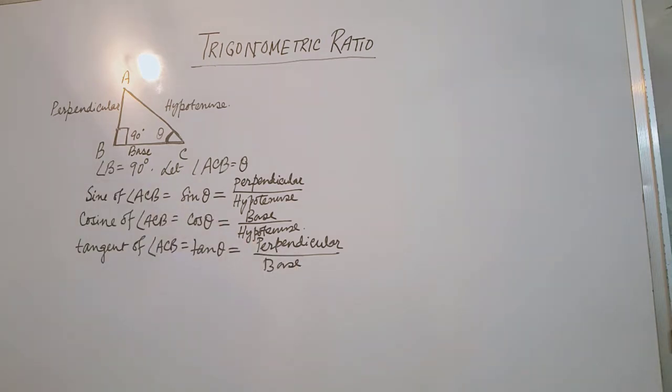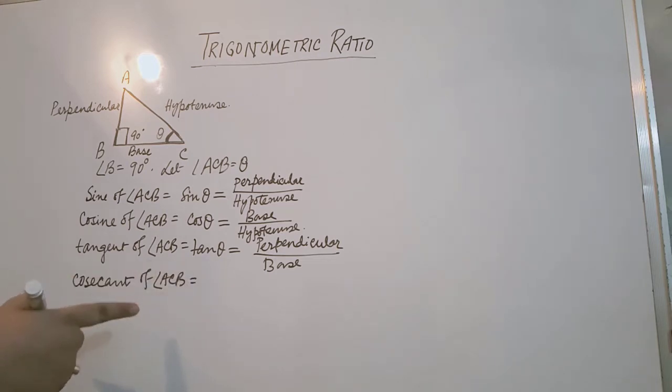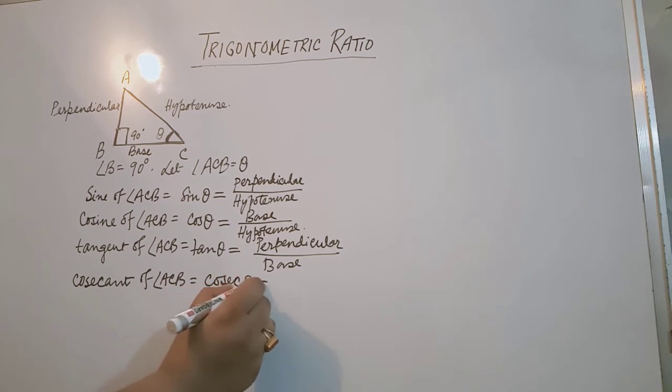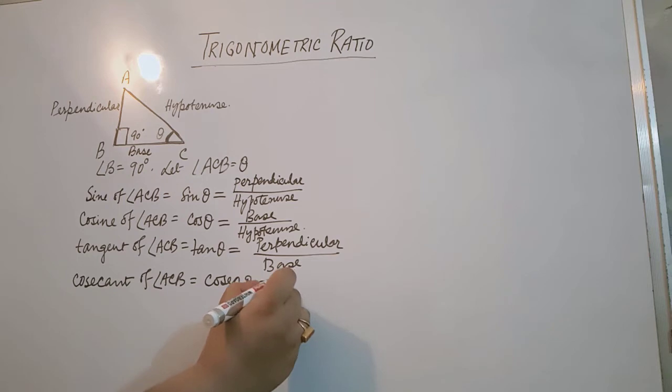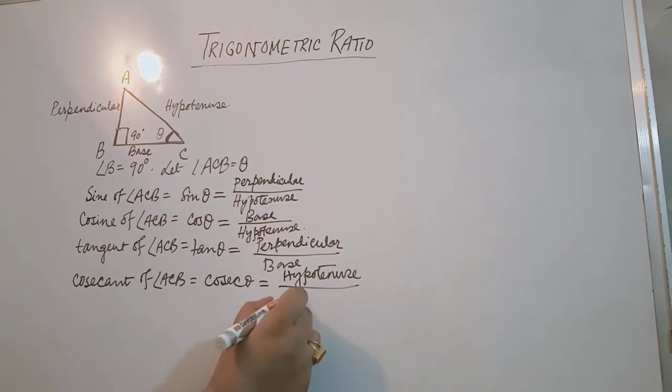The next way of representing this acute angle is cosecant of angle ACB, which in brief is told as cosec theta, which can be represented as hypotenuse by perpendicular.